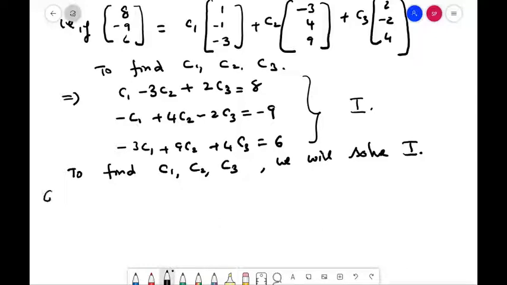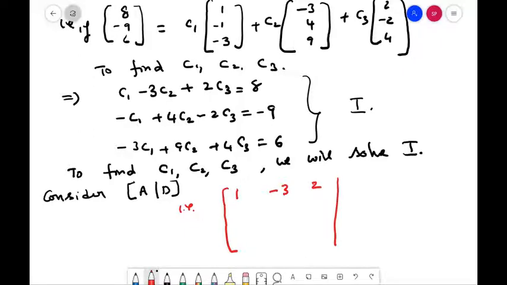For this, consider the augmented matrix. How do we solve the system of equations? Consider the augmented matrix. Again, here the coefficients 1, minus 3, 2, and then 8; minus 1, 4, minus 2, minus 9; and then minus 3, 9, 4, and 6.